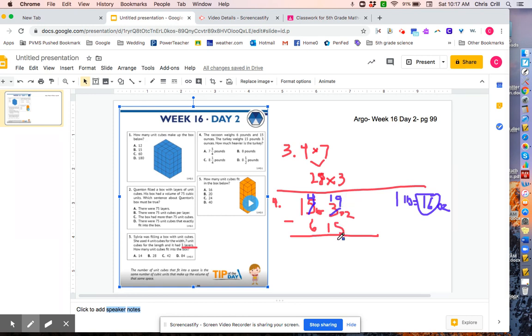19 minus 15 is 4 ounces, and 14 minus 6 would be 8 pounds, 4 ounces. Now, if we look at our answer choices, our answers are not expressed that way. We have a couple of choices we can eliminate. We know it's not 8 pounds because there are 4 ounces, right?